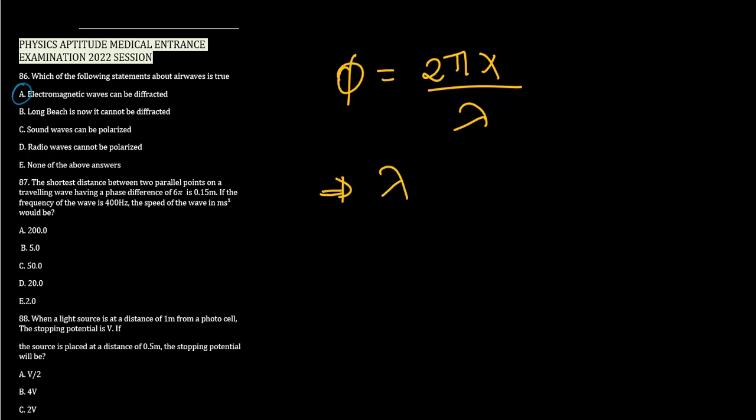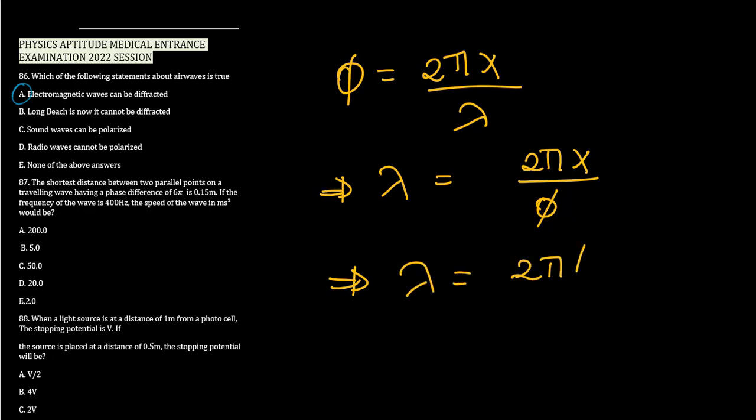So lambda will be given by 2 pi x divided by phi. And so the wavelength lambda will be 2 pi into 0.15 meters divided by 6 pi.